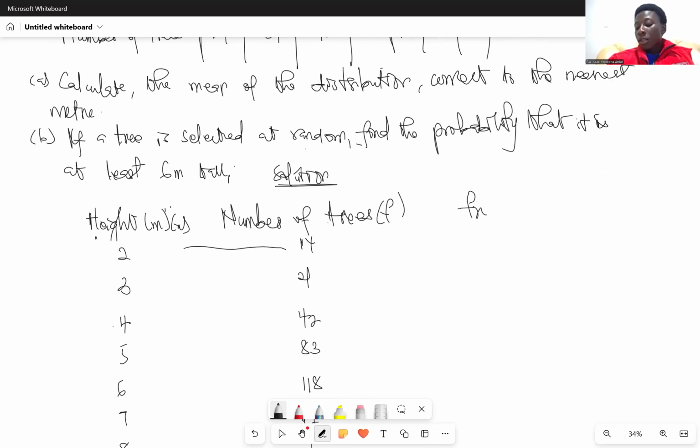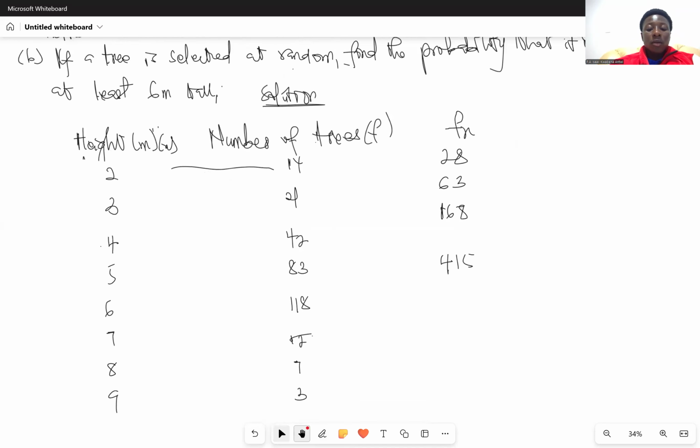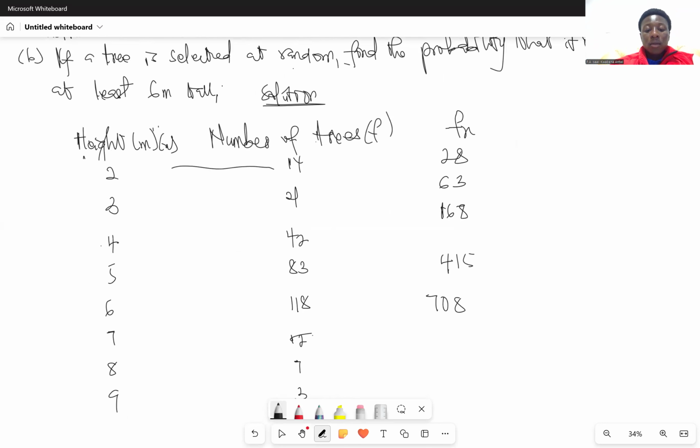So 14 times 2, making 28. We do that for the rest. 21 times 3 is 63. 4 times 42 is 168. 5 times 83 is 415. 6 times 118 is 708. 7 times 12 is 84. 8 times 7 is 56. 9 times 3 is 27.